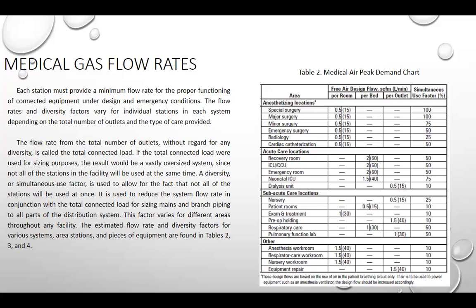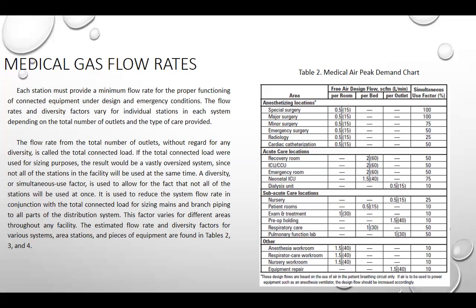If the total connected load were used for sizing purposes, the result will be a vastly oversized design since not all of the stations in the facility will be used at the same time. A diversity or simultaneous use factor is used to allow for the fact that not all of the stations will be used at once. It is used to reduce the system flow rate in conjunction with the total connected load for sizing mains and runs piping to all parts of the distribution system.